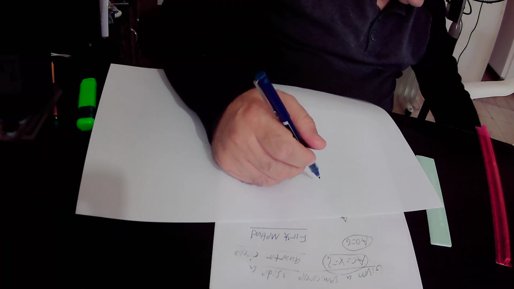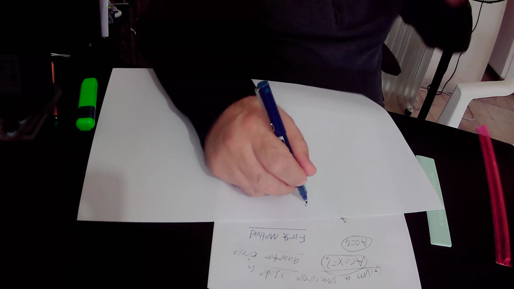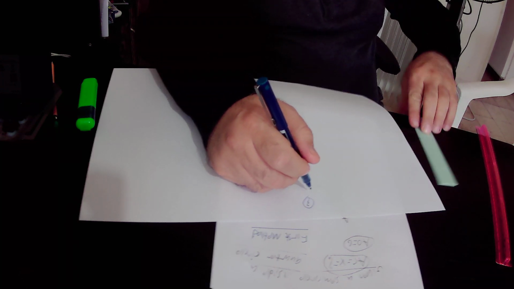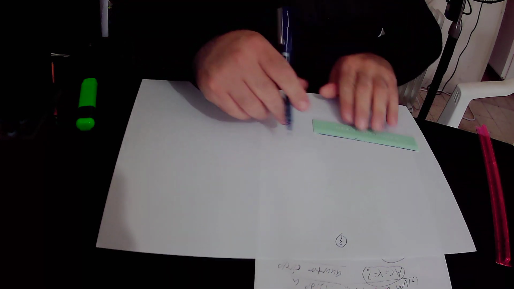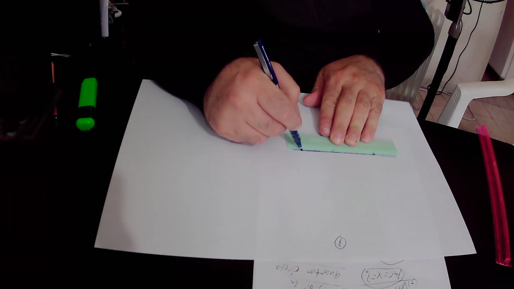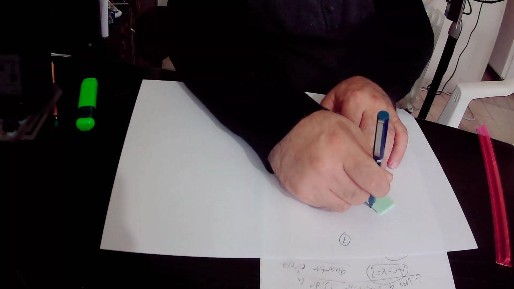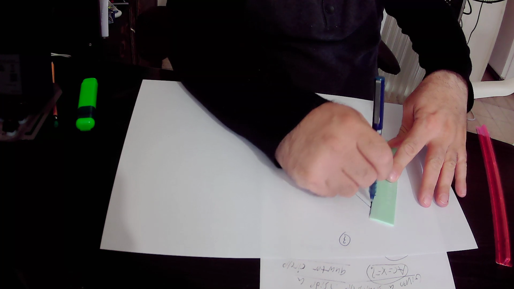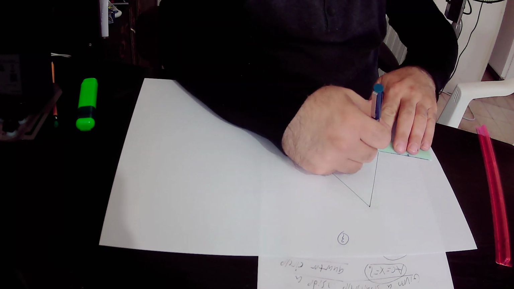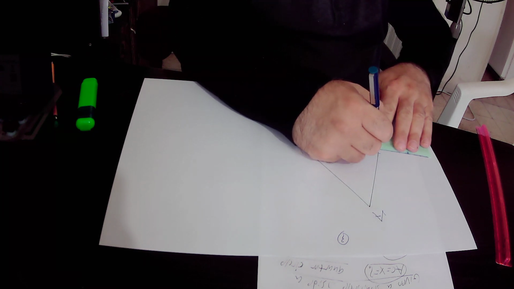So actually, if we have triangle ABC, that could be any triangle, this is triangle ABC.